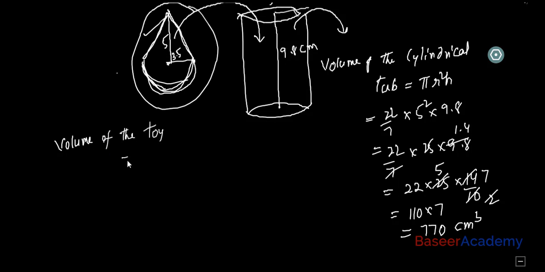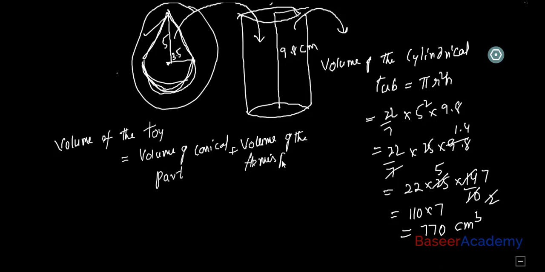Volume of this toy will be equal to volume of conical part plus volume of the hemispherical part, right? If I have to find out the volume of this toy, I'll have to find out the volume of cone, and I'll have to add it to the volume of hemisphere.